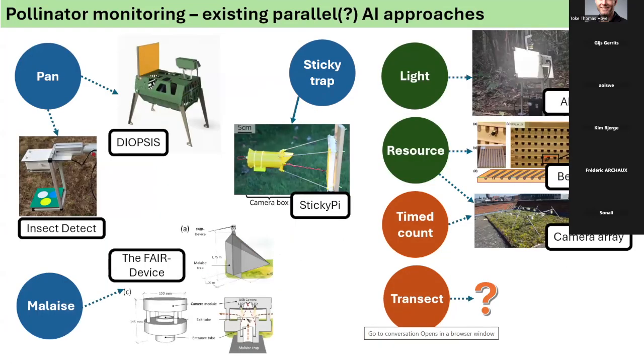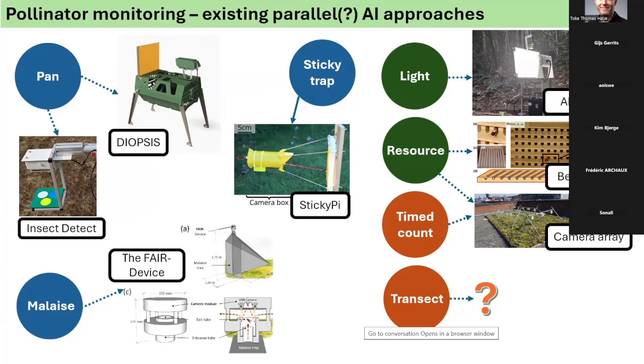Here are some existing possible parallel approaches and ways they're not quite parallel at the minute. With Diopsis and Insect Detect, the current setups are quite close to being pan traps in a way. They're different shapes in terms of the backgrounds they're using.